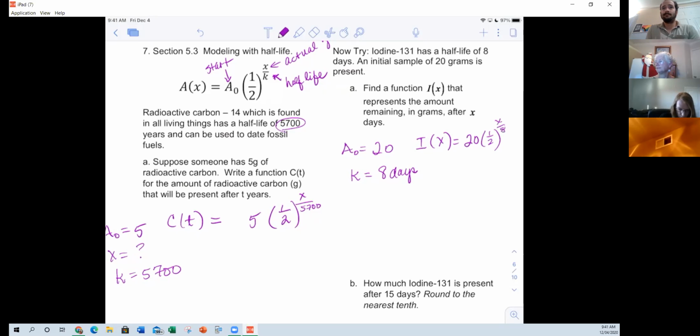So hopefully that shouldn't be too hard. You recognize that the starting amount is 20, the half-life is 8 days. So the equation would be I of X equals the starting amount, which is 20, times 1/2 to the x over 8.